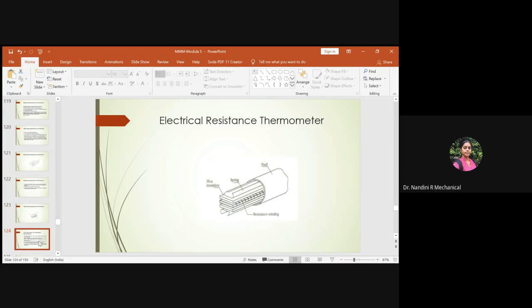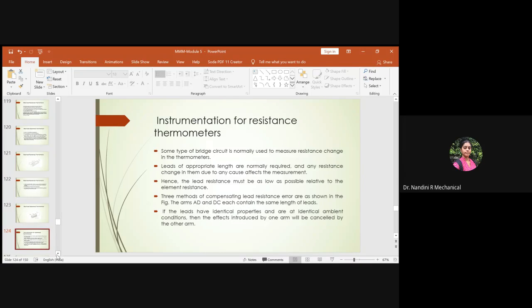These two methods are easily available for devising the resistance thermometer. Then you should understand what instruments are used for resistance thermometer measurements. So here we focus on the instruments for resistance thermometers.